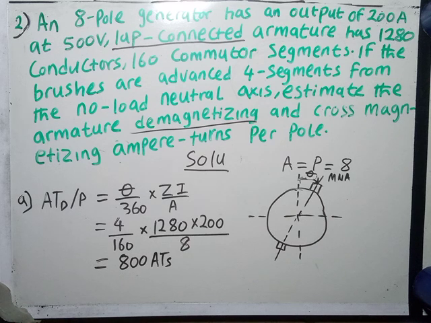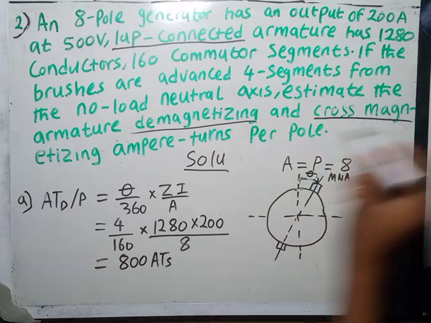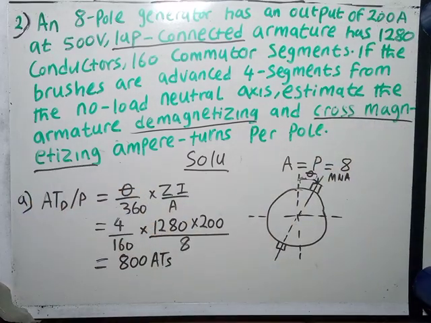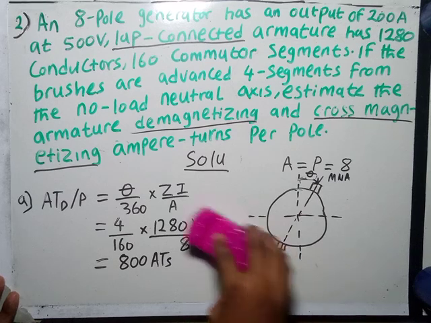Now for the second one, which is our cross-magnetizing ampere turns, the formula will differ. Okay, I'm clearing the whole of this.